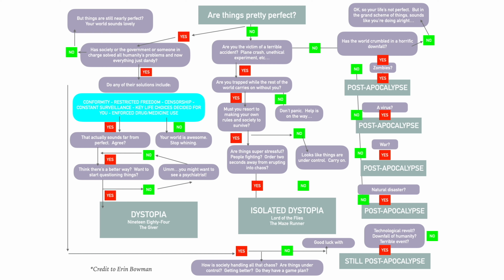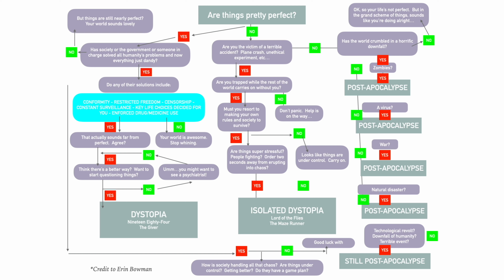So if we start in the middle, are things pretty perfect? Yes. Has society or the government or someone in charge solved all of humanity's problems and now everything is just dandy? No, but things are still pretty perfect. Your world sounds lovely.